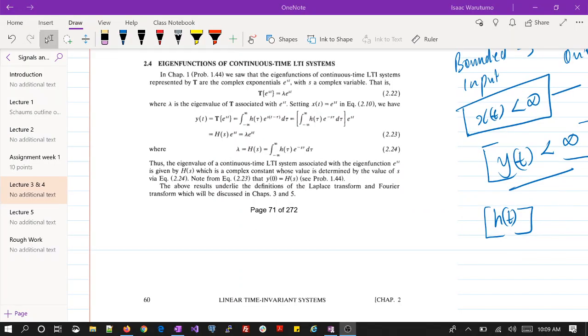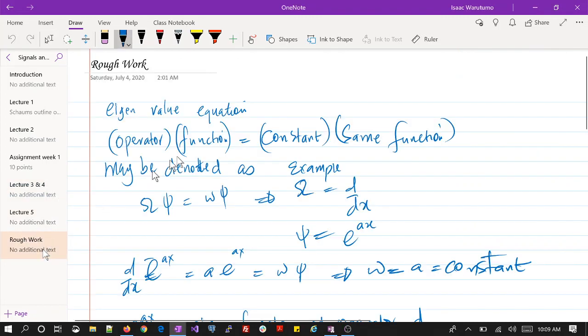The next item I want us to discuss is the eigenfunctions of a continuous time LTI system. Before we discuss this, I want to remind you what eigenfunctions mean. I have prepared this quick introduction to eigenvalues.